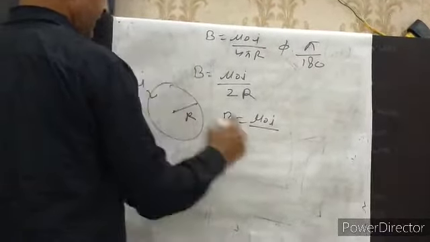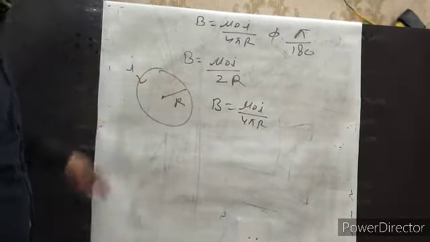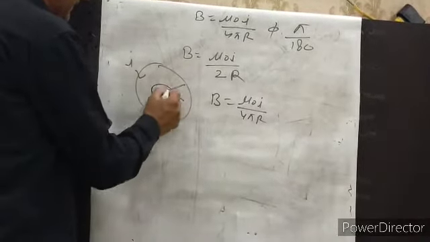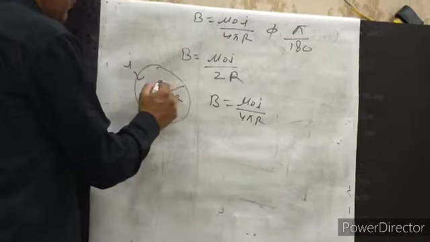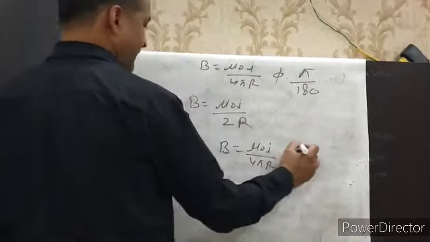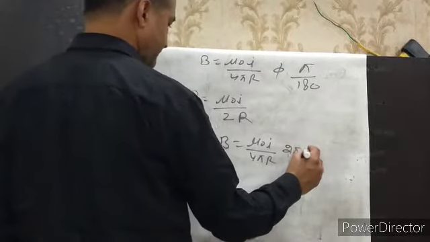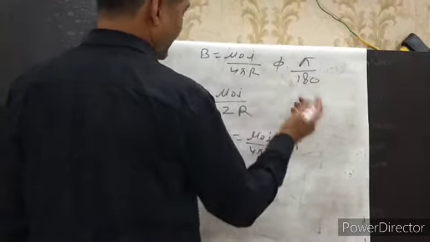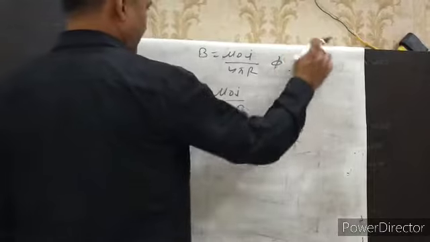The angle made by the total loop is 180 plus 180, 360 degrees. 360 means 2 pi. Then we will write 2 pi for phi. If we are writing 2 pi directly, then there is no need to write this.